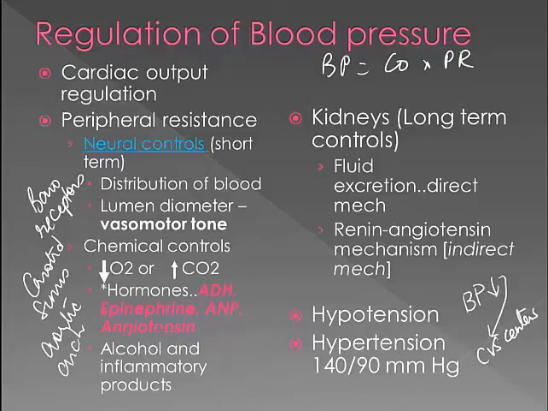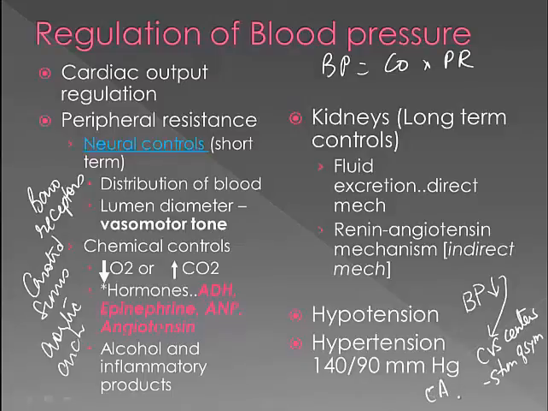If the blood pressure is low, they will cause a stimulation of the sympathetic nervous system, because you want the blood pressure to come back and be high. You want to bring it back to normal levels. They'll act on the cardioacceleratory center.